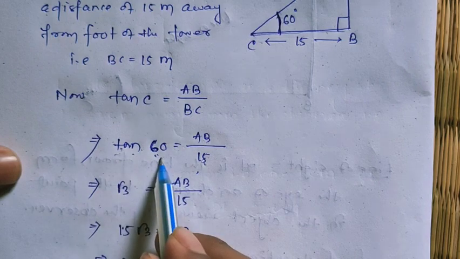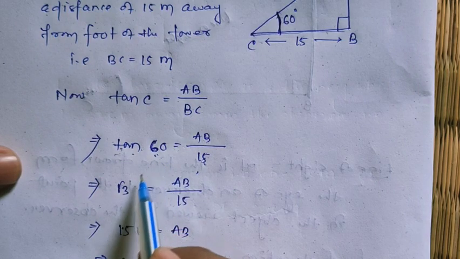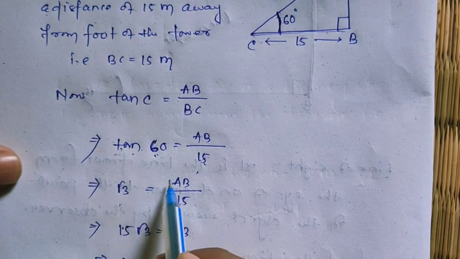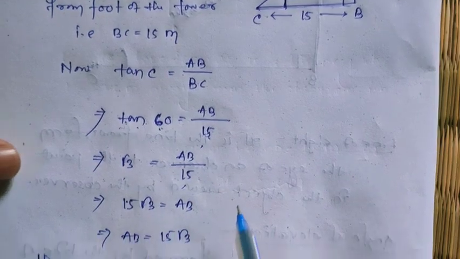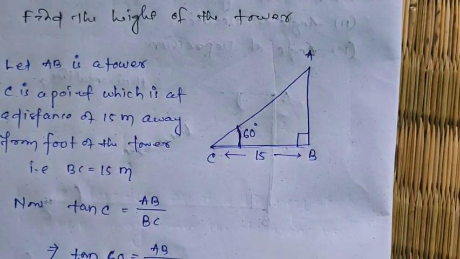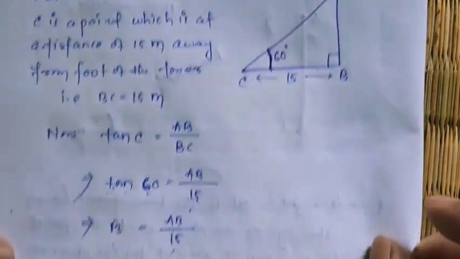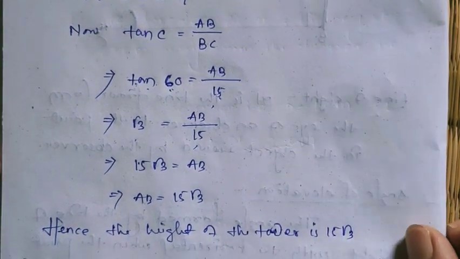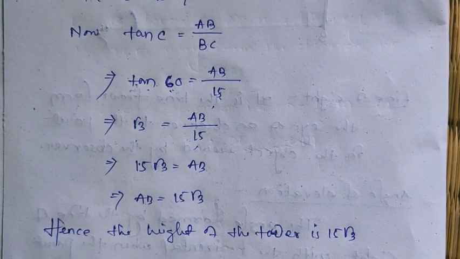What is the value of tan 60? You know, root 3. Root 3 is equal to AB by 15. This implies AB is equal to 15 root 3. This is the height. Hence, the height of the tower is 15 root 3.